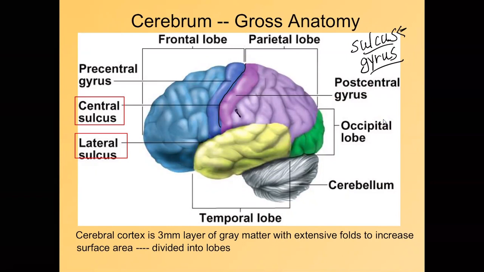Where it's going down, that would be a sulcus. Where it's going up, that would be a gyrus. The central sulcus is going to separate the frontal lobe from the parietal lobe. The lateral sulcus is on the side, and it's going to separate the front and the top from the temporal lobe.